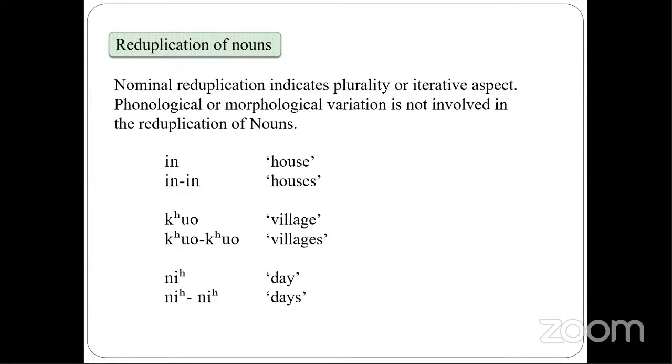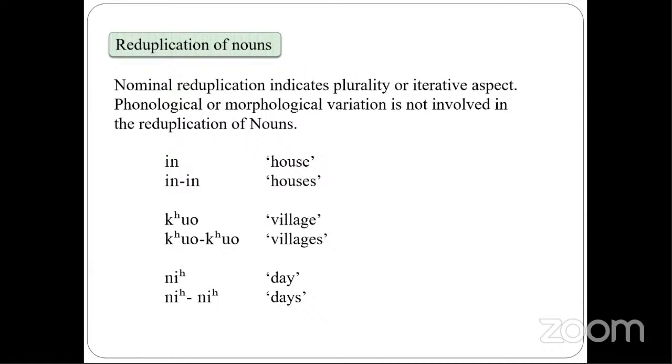For example, we have in, which is house, and when it is reduplicated, in in, we have houses, or it can mean several or many houses. And ho is village, and ho ho is villages. It can mean many villages.